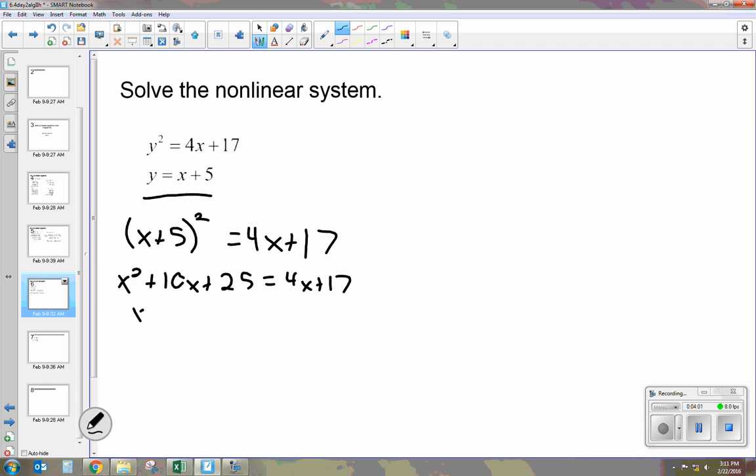Move everything over, so x squared plus 6x plus 8 equals 0. This factors into x plus 4 and x plus 2.